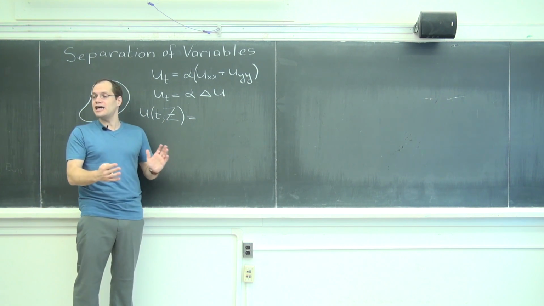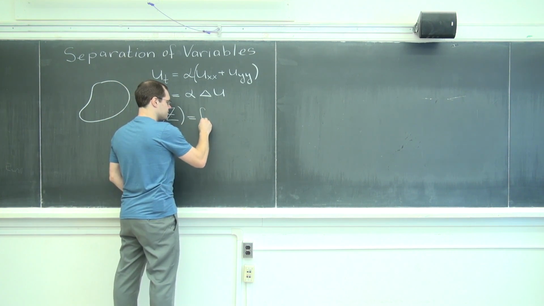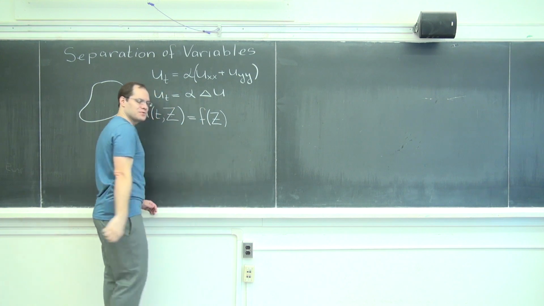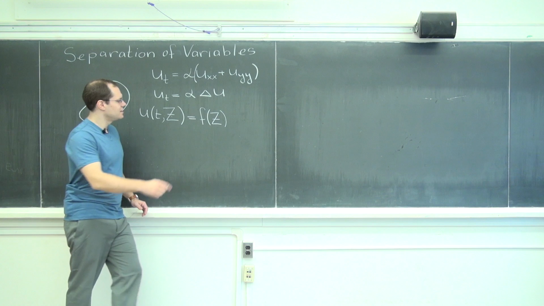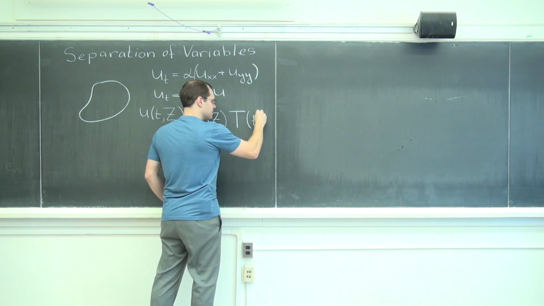That's sort of your shape function. I will call it f, and it'll be a function of your spatial coordinates, whether, once again, it's x, y, and z, or r, theta, and phi, whatever. Times a function of time only.